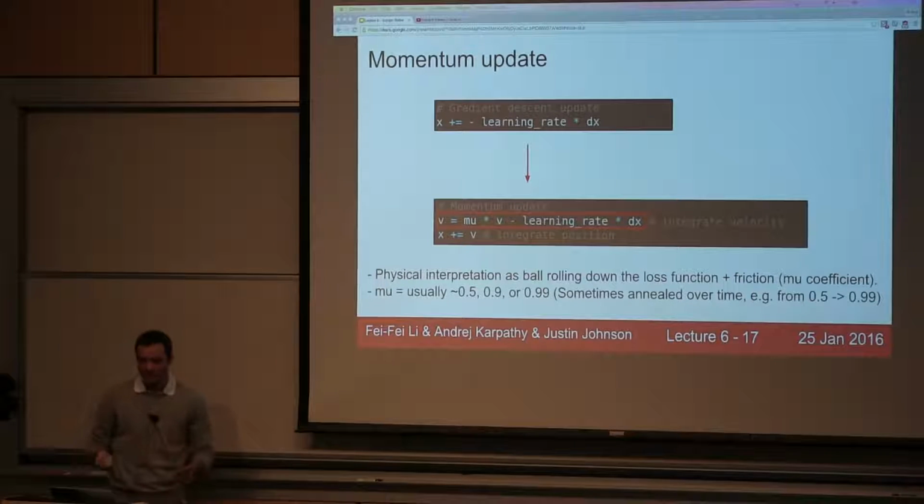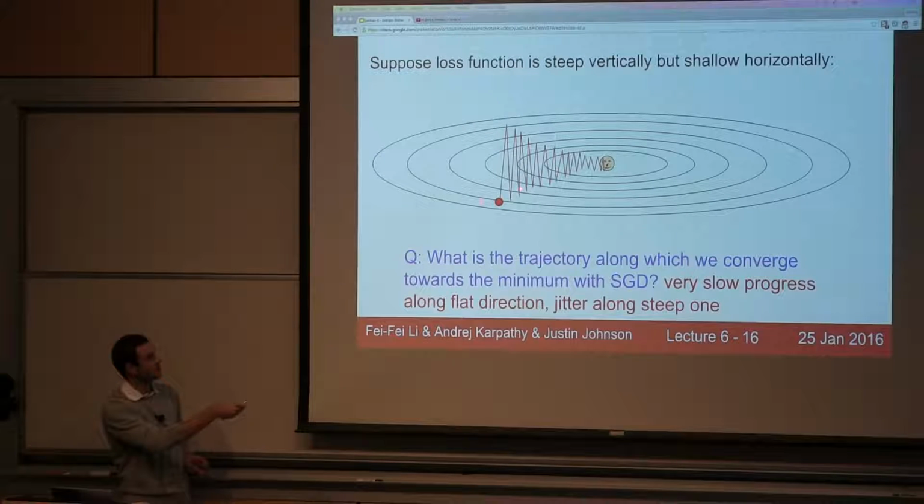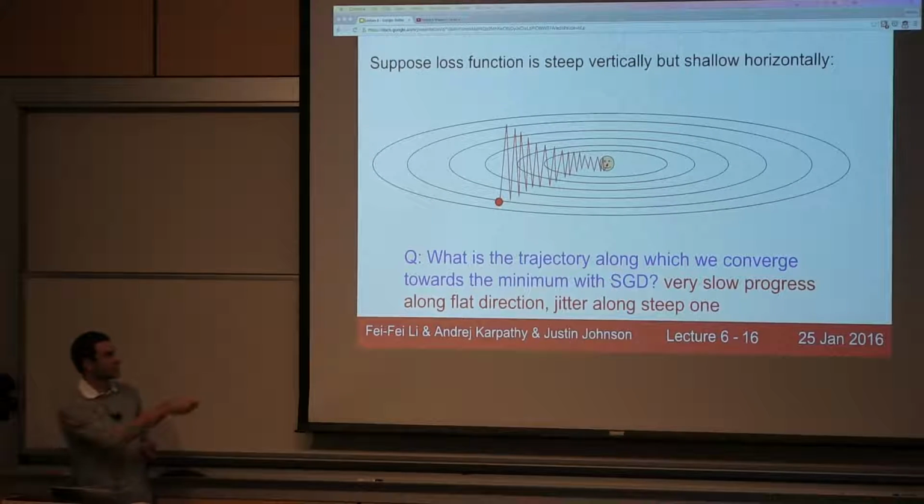What's nice about the momentum update is that you can interpret it in very physical terms. Using momentum update corresponds to interpreting this as a ball rolling around this landscape, and the gradient is the force that the particle is feeling.